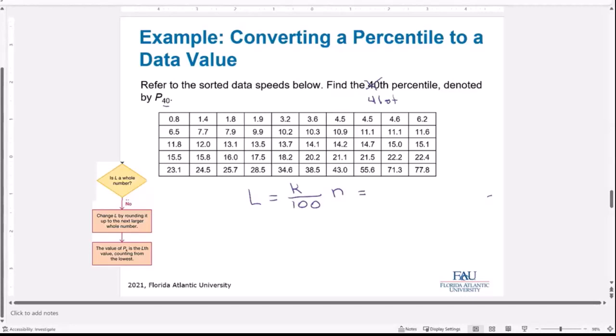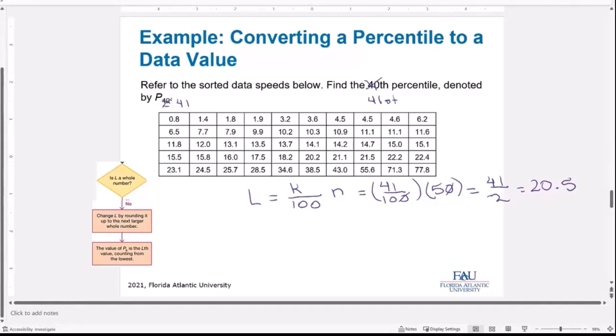So this would be P sub 41. Well, I would have 41 divided by 100 times 50, which is 41 over 2, which is 20.5.